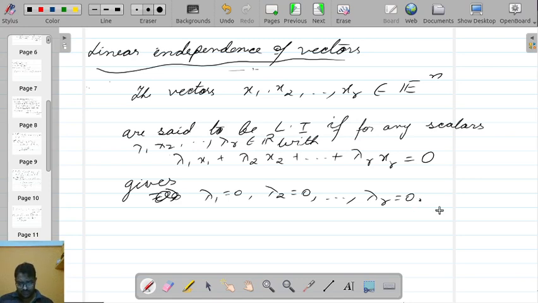This if and only if the only set of lambda i for which this is equal to 0 is lambda i equal to 0, then the set of vectors is said to be linearly independent, right?